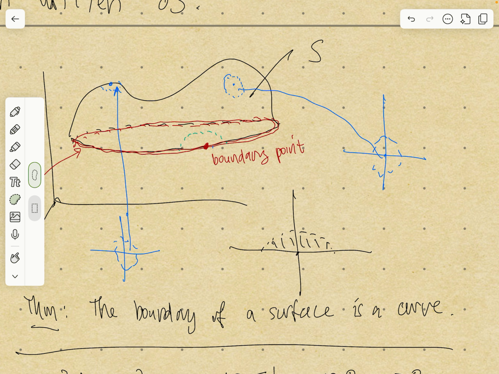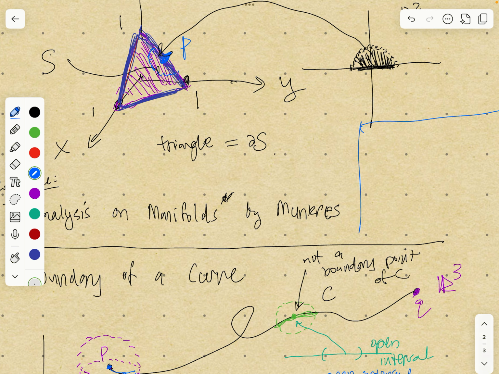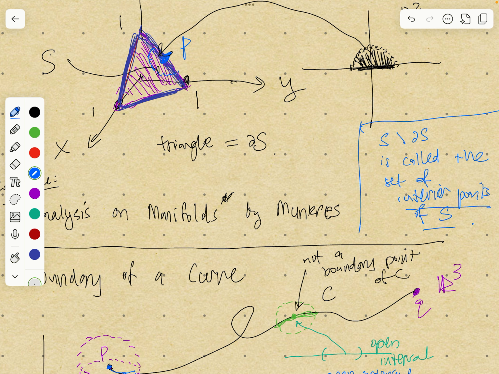The other points are called interior points. So maybe I should include it somewhere here, that if you look at S but then exclude the boundary points, that's called the set of interior points of the surface. So every point on the surface is either a boundary point or an interior point.